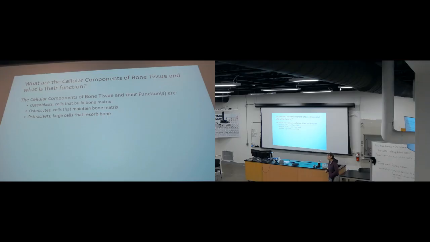And then we have cells that recycle this bone matrix. Are the osteoclasts. The osteoclasts are large cells because they come from fusion of multiple cells. And actually they are multinucleated. They have more than one nucleus. While the other ones, osteocytes and osteoblasts, they only have one nucleus.